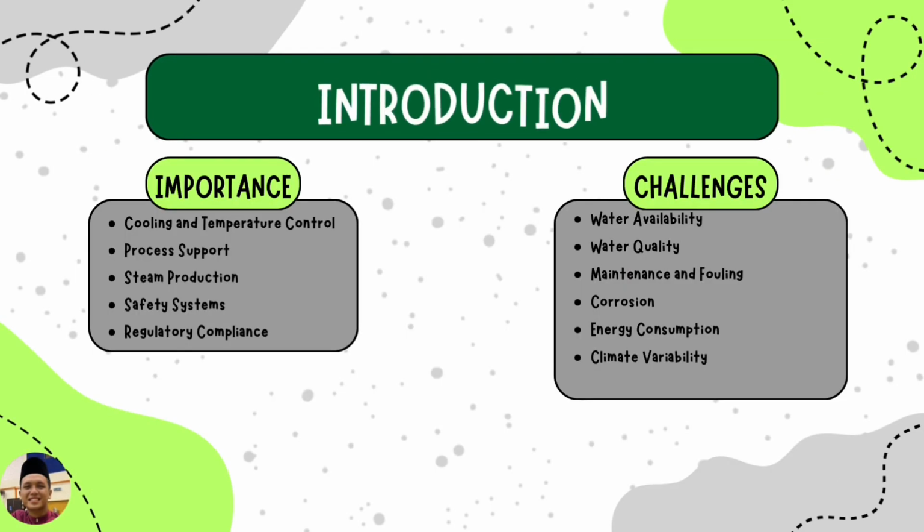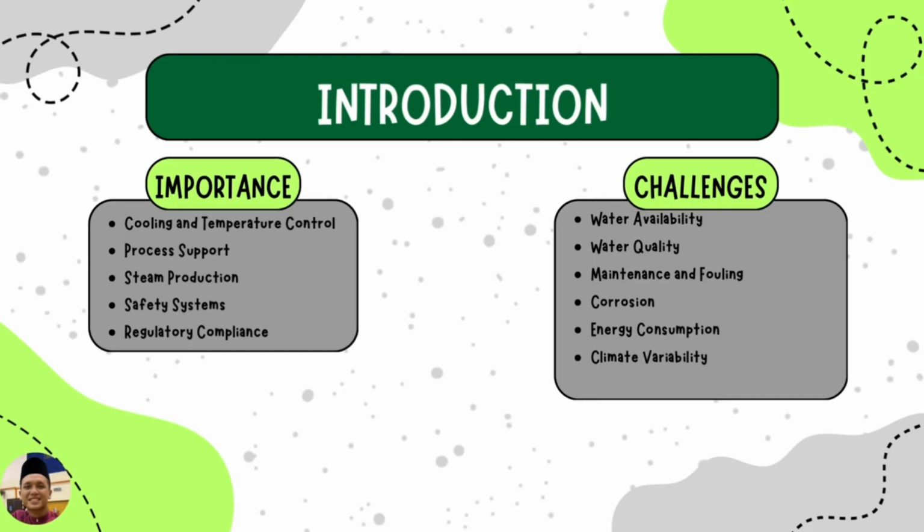So, what are the importance and challenges of water distribution in a petroleum refinery plant? For the importance, number one is cooling and temperature control. Water is used to cool equipment and processes, preventing overheating and ensuring safe operations. And then, process support.